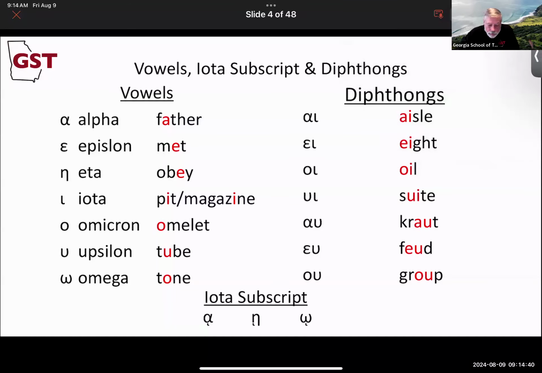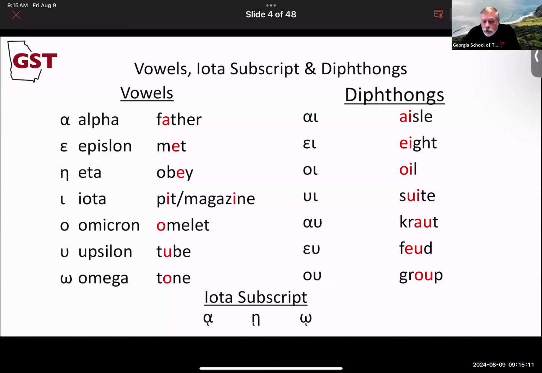Okay, so that's very good. And then we have the iota subscript. It's also an improper diphthong. And these are really the alpha iota, eta iota, omega iota, but the iota then subscripts goes underneath as depicted here. And do you remember how to pronounce the alpha iota subscript with the alpha, the eta, and the omega? I don't. Okay, so we don't pronounce the iota.